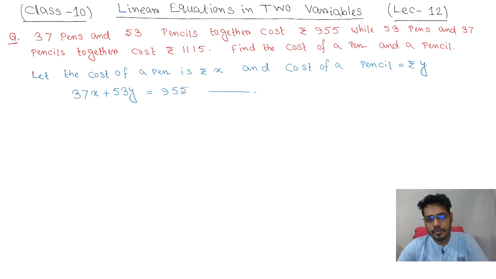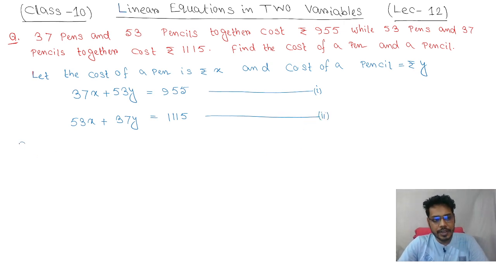That will be equation number 1. Now 53 pens, that is 53X, plus 37 pencils, that is 37Y, cost together 1115. That will be equation number 2.